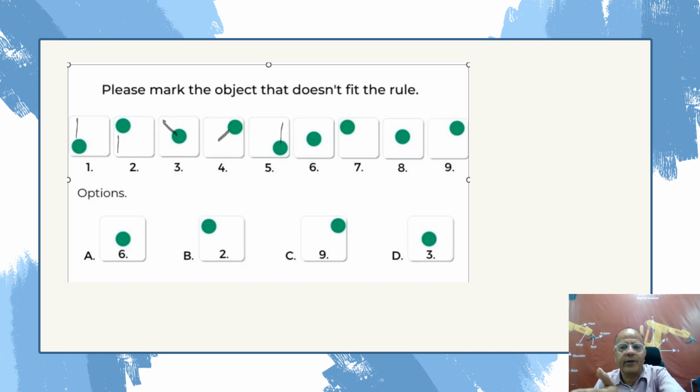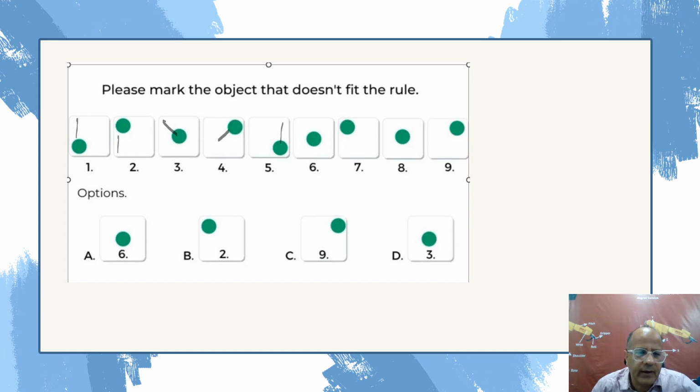With so many figures, pattern recognition becomes a slight problem. So again I would suggest that wherever you're watching this video, pause it, do it on your own, try to do it in 30 seconds, and only then go for the solution. Otherwise, let's do it together as well.